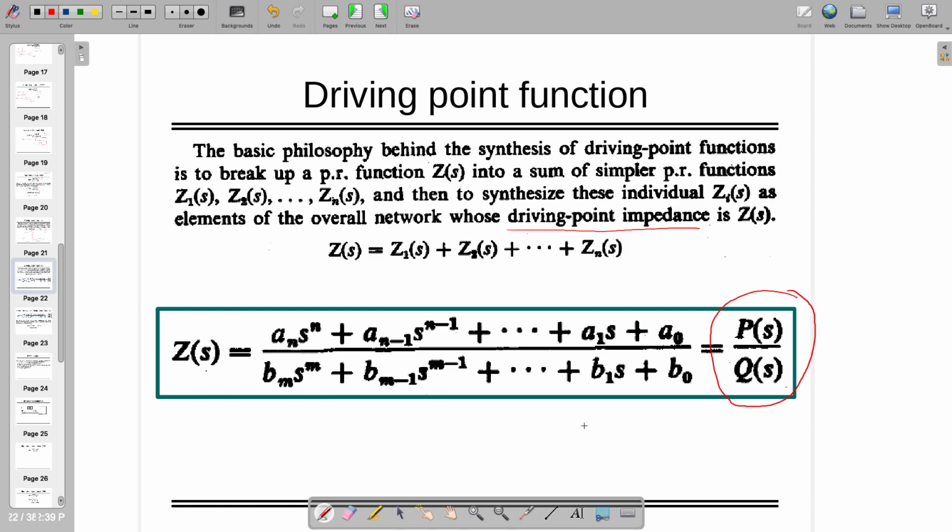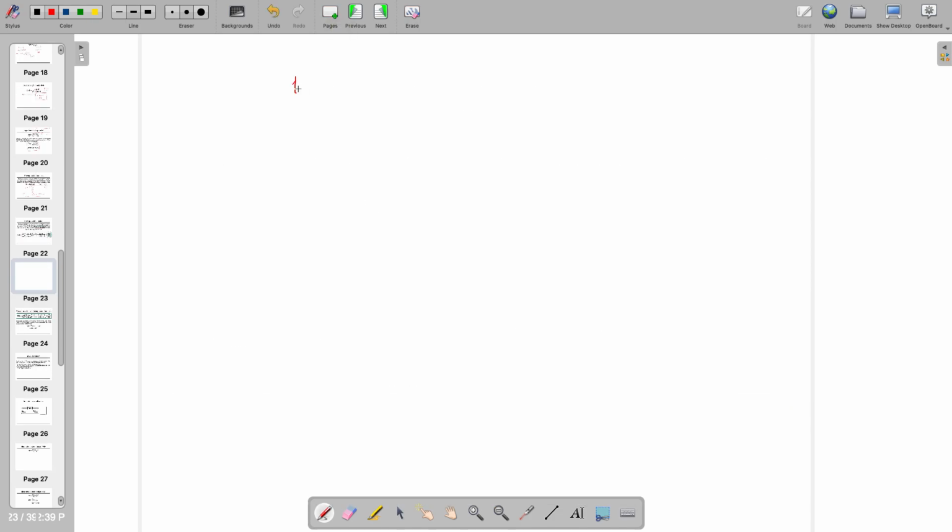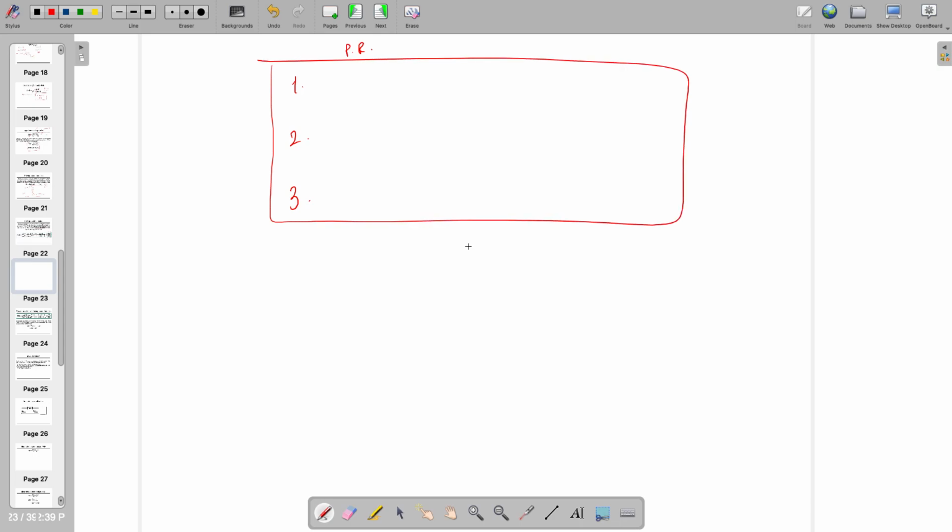When we are checking the conditions for positive real function, and when we are making it a Hurwitz function, when we are making this division, we have to make sure that the division will go till the end, when the numerator and denominator have a degree difference of 1 or 0.